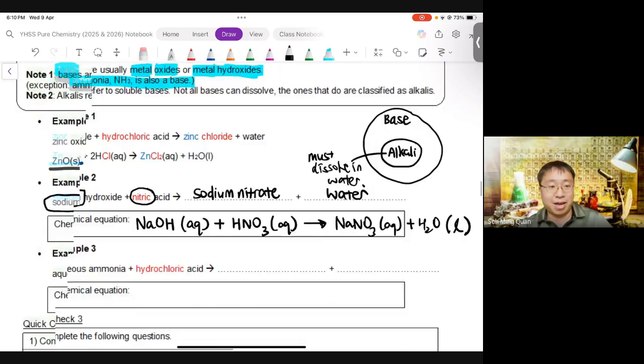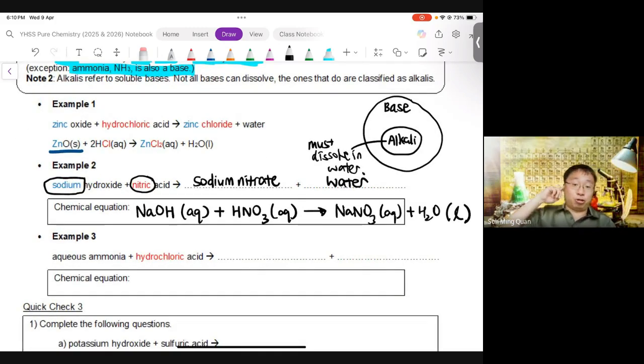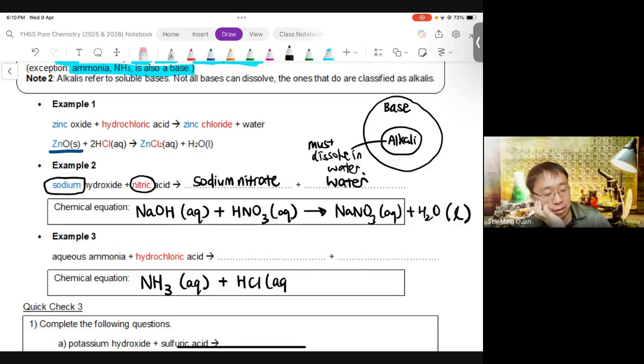Next one, aqueous ammonia plus hydrochloric acid. Before we even get to the words, let's try to write the chemical equation. Ammonia is NH3. You must memorize this from covalent bonding. NH3 aqueous plus HCl aqueous.